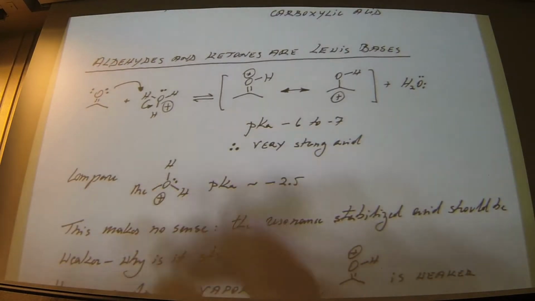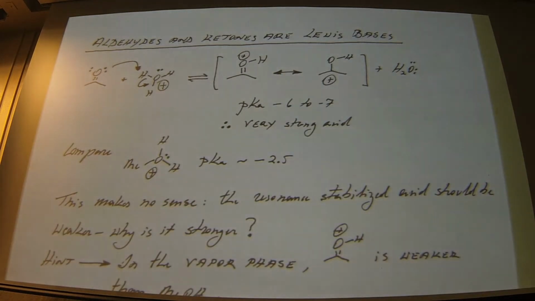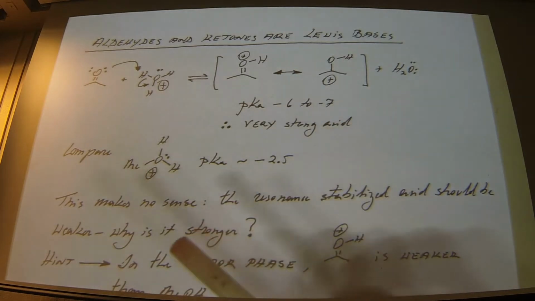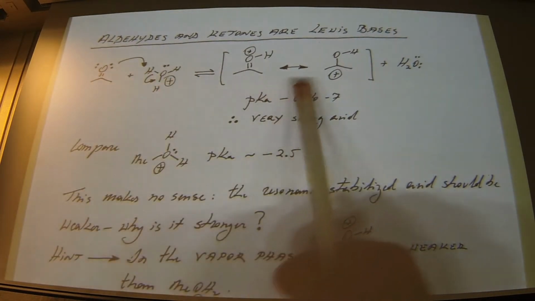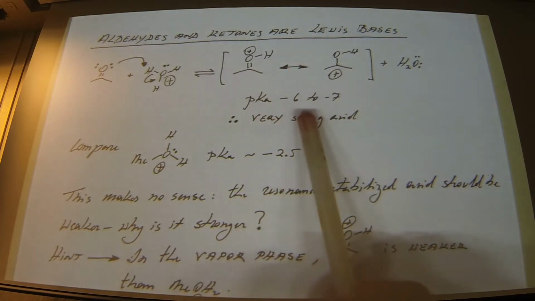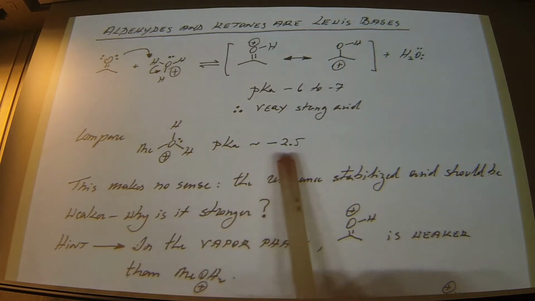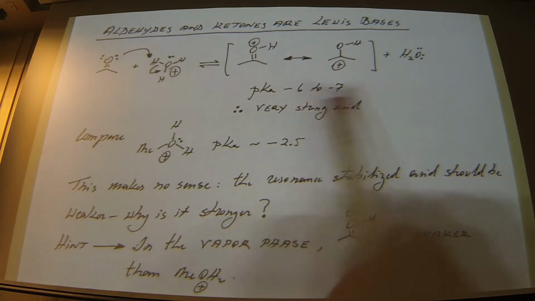So, we just saw that aldehydes and ketones are Lewis bases. They have electron pairs on oxygen, so yes, they react with acids, nothing surprising. One of the acids they react with is hydronium ion. What you notice, however, is that the equilibrium strongly favors the ketone and not the protonated ketone. Why? Because the pKa of hydronium ion is only about minus 2.5, whereas the pKa of this stuff is minus 6 to minus 7.